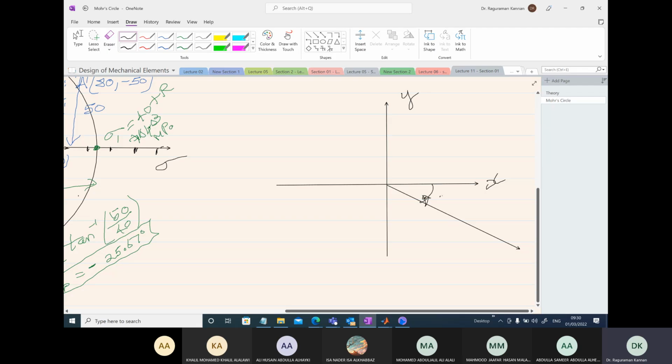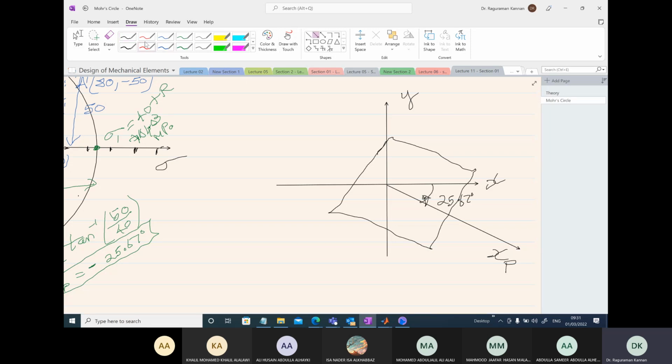We have the angle 25.67 degrees. Now let's draw a square element to represent the principal stress element in that particular direction. So this will be your xp direction, and yp direction will be 90 degrees to that. So approximately we are drawing this one.